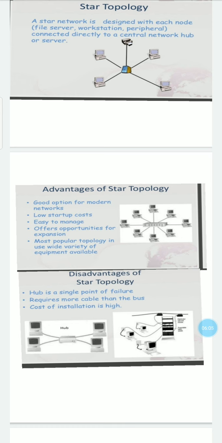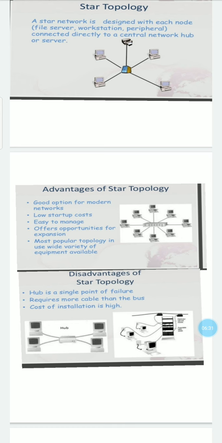The advantages of star topology are as follows. The first advantage is limited failure. As each station or each computer is connected to the central hub with its own cable, the failure in one cable will not affect the entire network.